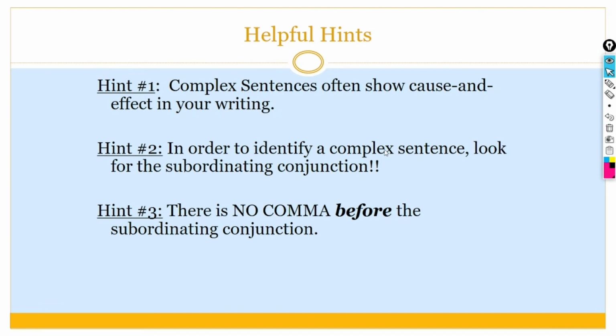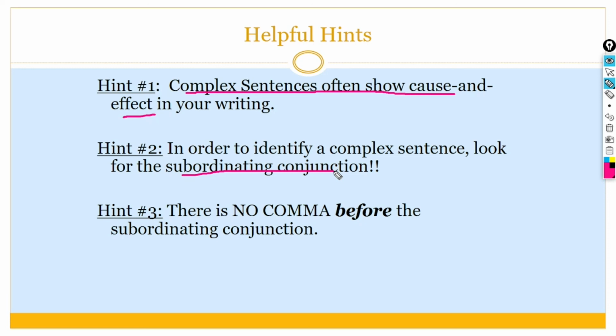Now, a few helpful hints. First, complex sentences often show cause and effect in writing. So whenever you are going to write and you want to show cause and effect, use a complex sentence. The second hint is that in order to identify a complex sentence, look for a subordinate conjunction.